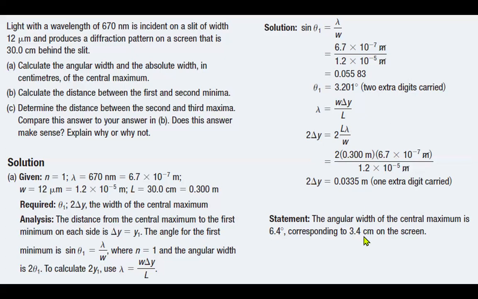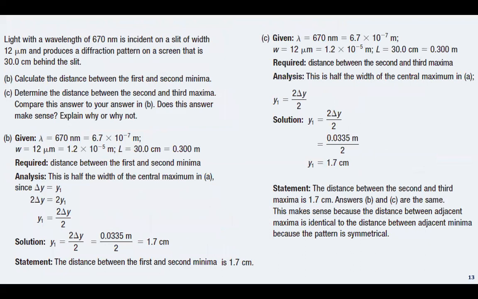That's the absolute width of the central maximum, which is 3.4 centimeters, right?